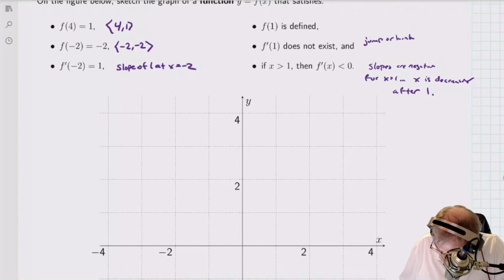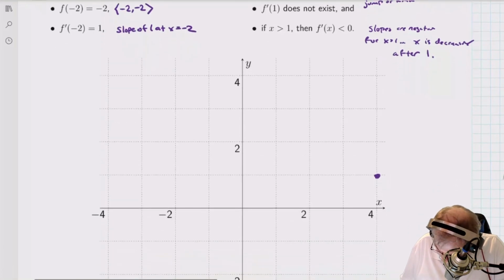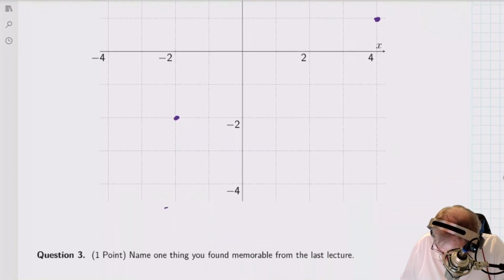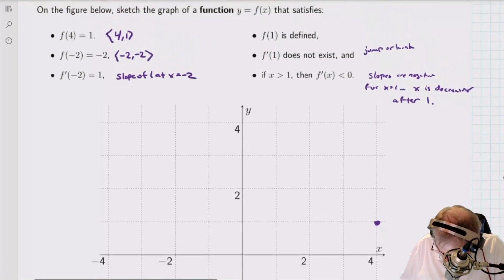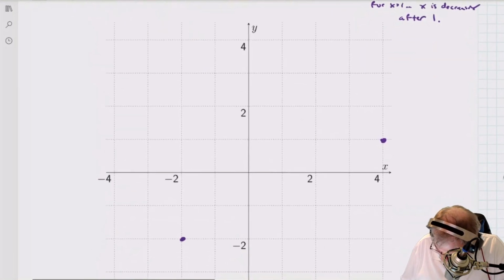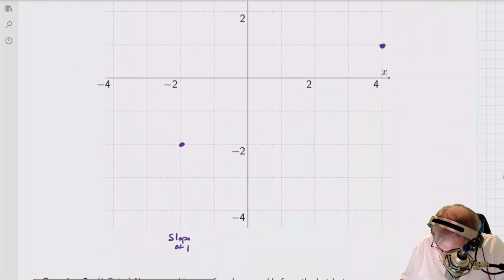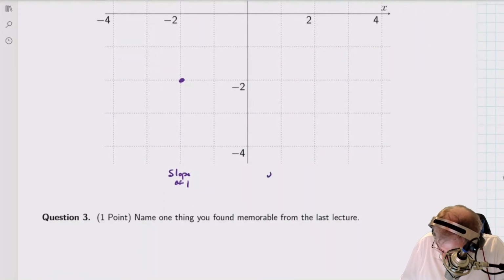So let's see. (4, 1) goes on the graph. There's (4, 1). (Negative 2, negative 2) goes on the graph. There's (negative 2, negative 2). There's a slope of 1 here. I'm going to write that down. f of 1 is defined, okay. f prime of 1 does not exist, so I'm going to have a jump or kink.